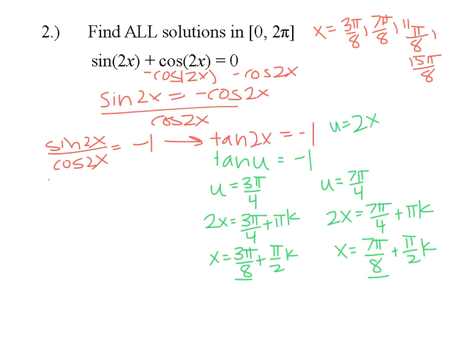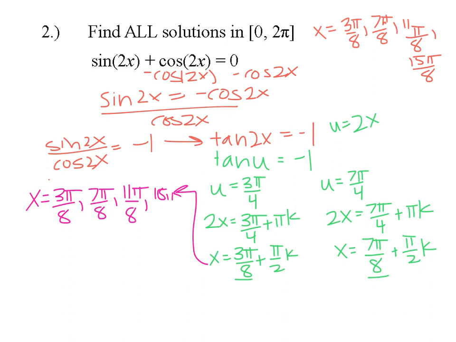So for our solutions here, if we work over in this direction now, we're going to get x equals 3 pi over 8 plus pi over 2, or plus 4 pi over 8, is going to be 7 pi over 8. Plus another pi over 2, or plus 4 pi over 8, is going to be 11 pi over 8. And then 15 pi over 8.